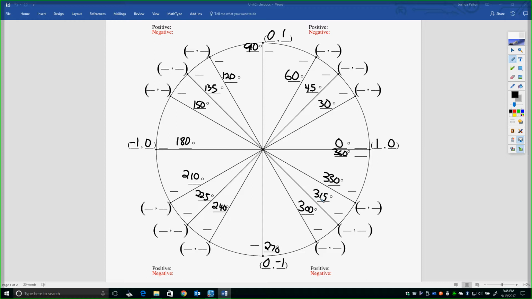So those are all the important angles in high school from the special right triangles that you need for the unit circle. There are ones in between, but they are ancillary at this point.